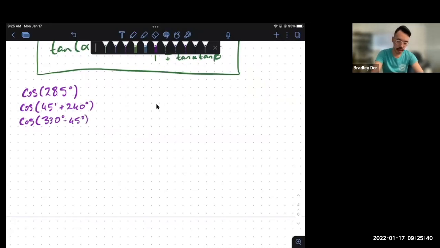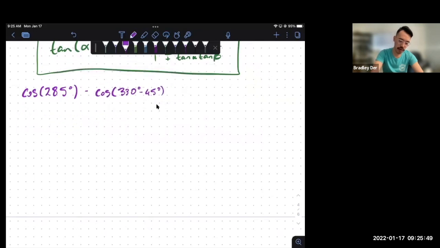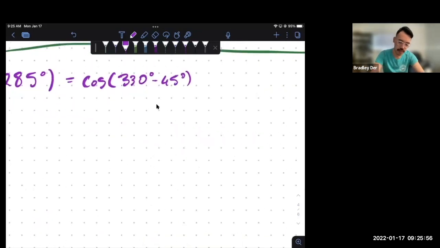Either way works. I'm actually going to do the difference just for flavor. I think we did one formula with the positive, with the sum of angles. Let's do one with the difference.